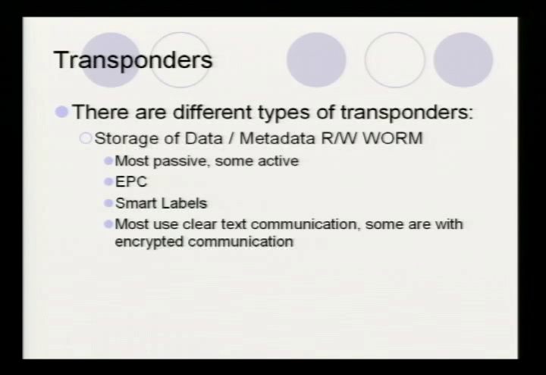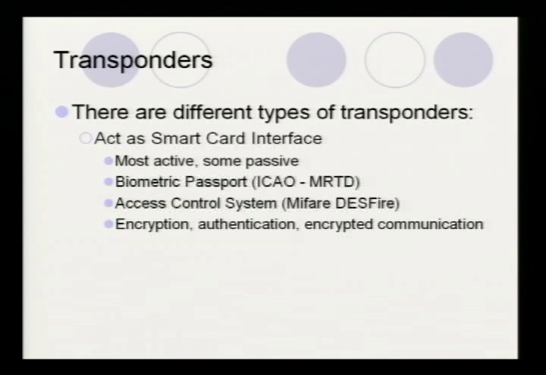Then we have transponders that actually act as data storage. You can compare this type of transponder to USB sticks, pretty small USB sticks. Most of them are passive, some of them are active. Electronic product code transponders are an example for this. We have the smart labels. Most of the time they also use clear text communication, and some of them are using encrypted communication.